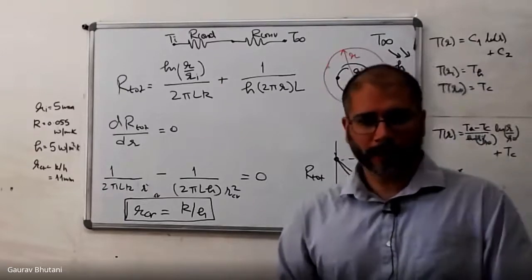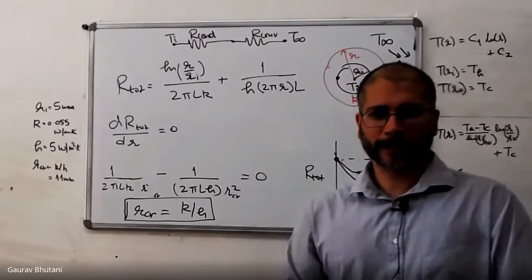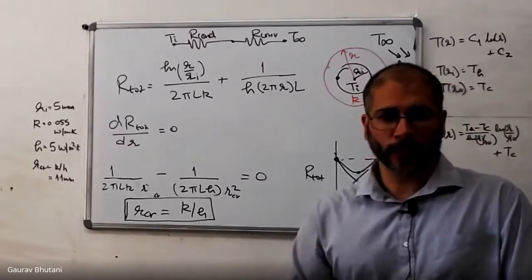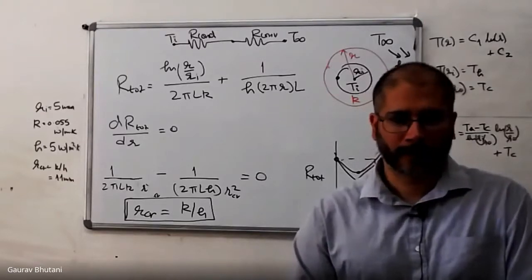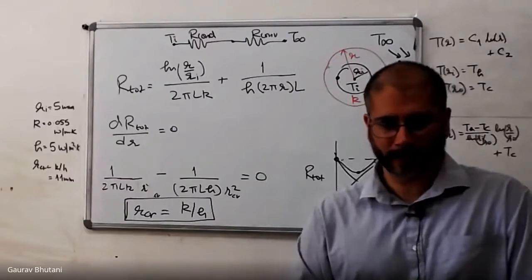So can somebody think of a situation where the idea of this critical resistance is useful? Sorry, critical radius. Sir, in cases where heat transfer is important, for example, similar to the gaming PC, where we want to transfer the heat very quickly.